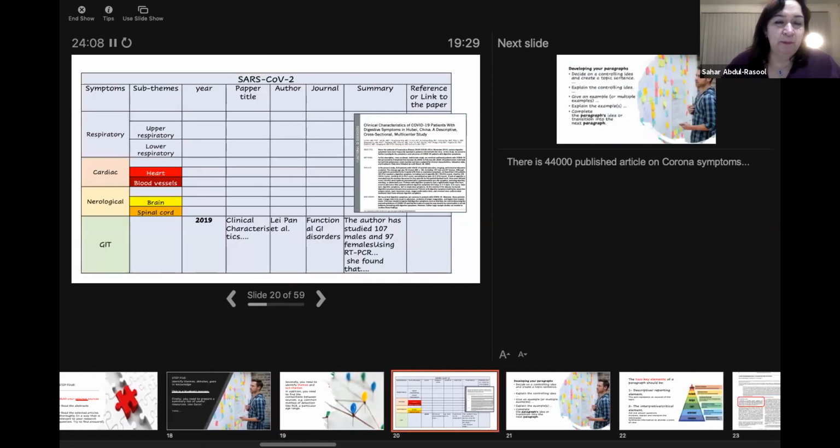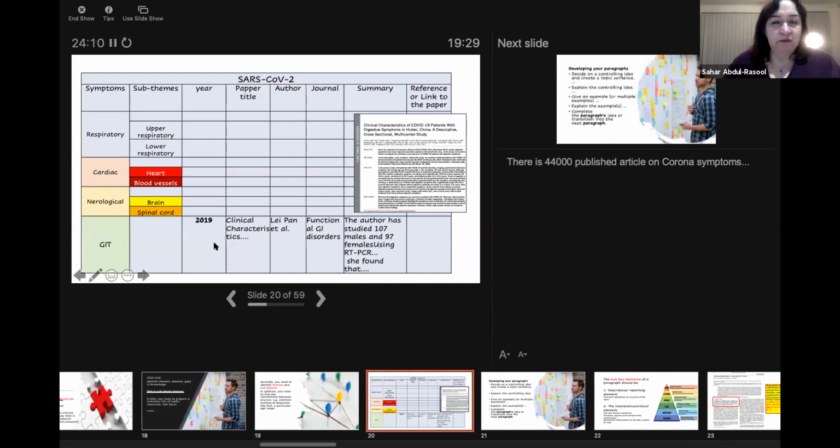This is an example of an Excel sheet. Of course, this is not an Excel sheet now, but it looks like one. The Excel sheet has several cells, and in each cell you identify the themes and the sub-themes. I'm just taking corona as an example because I published on corona and because it's one of the hot topics at the moment.